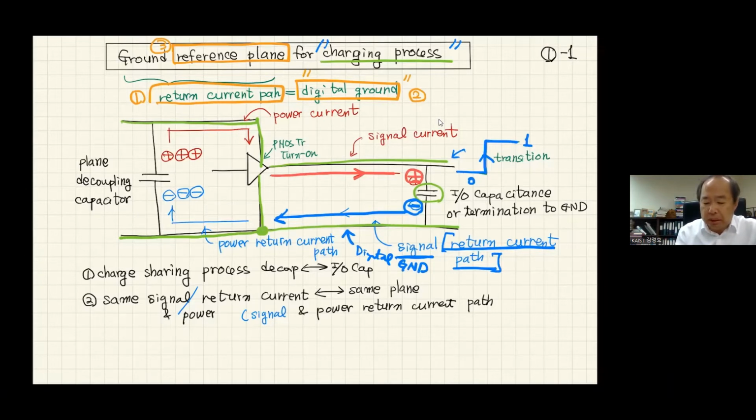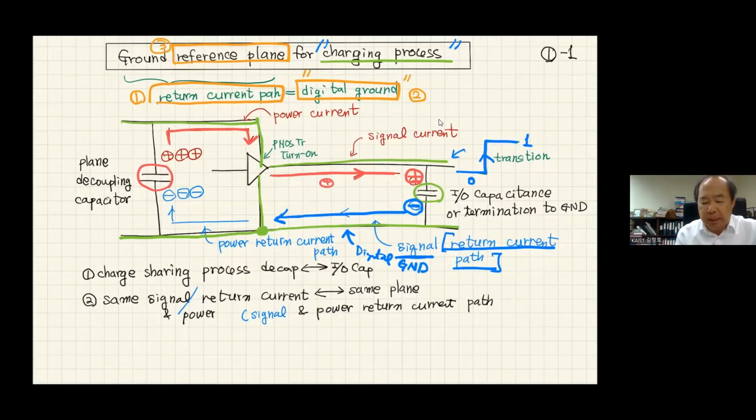Meanwhile, this plus charge and current has to be supplied from decoupling capacitors. These decoupling capacitors could be placed at the on-chip level, package level, or PCB level, depending on different frequency ranges. Different frequency capacitance charge will be supplied to the CMOS driver.